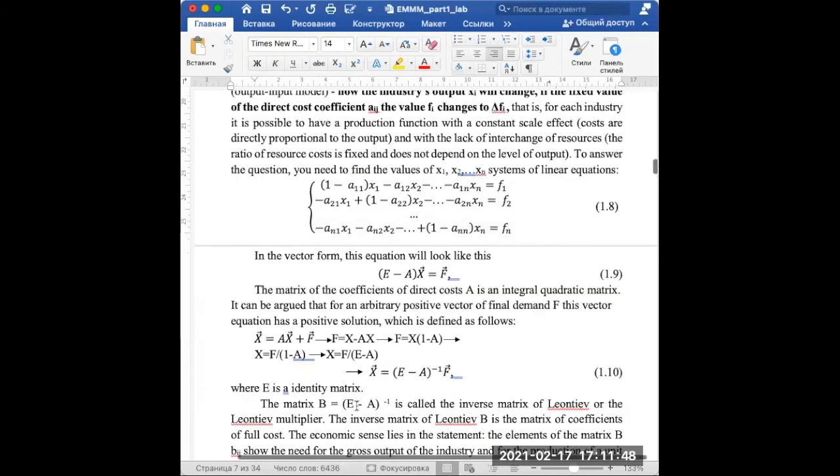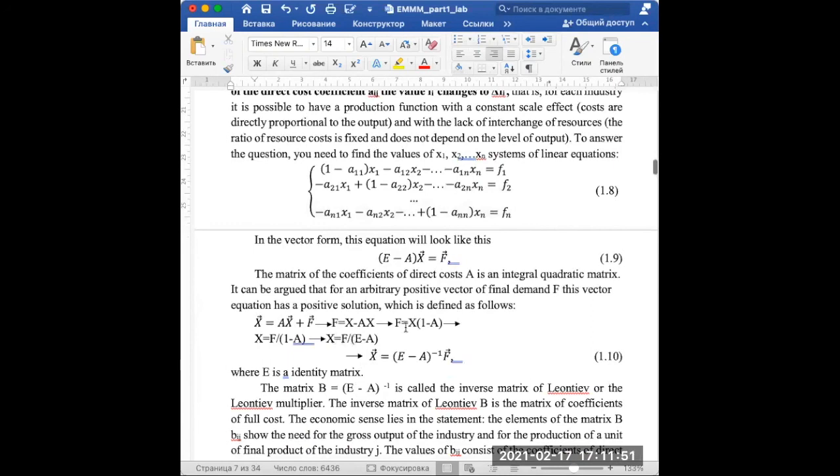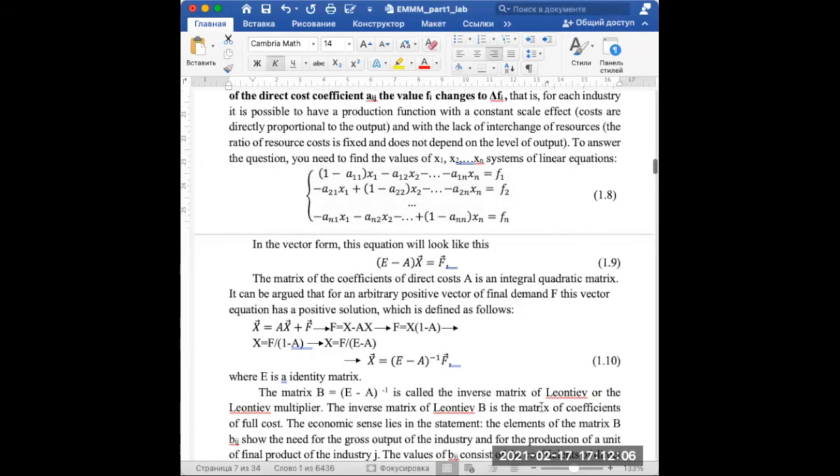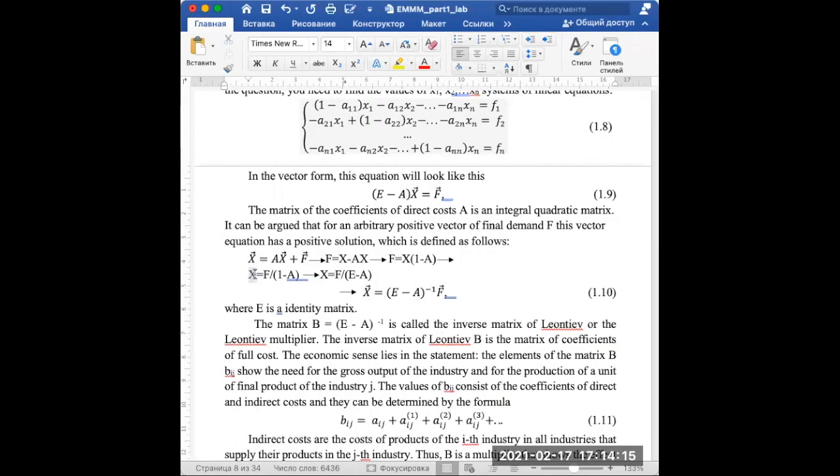Here are the simple actions you need to do to understand how we transform formulas 1.7 into formulas 1.10. x will be equal to f divided by 1 minus a. 1 is our identity matrix, and we need to use another symbol, E. That's why x is equal to f divided by E minus a.